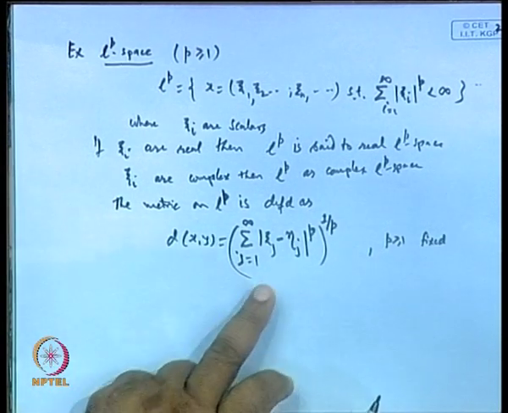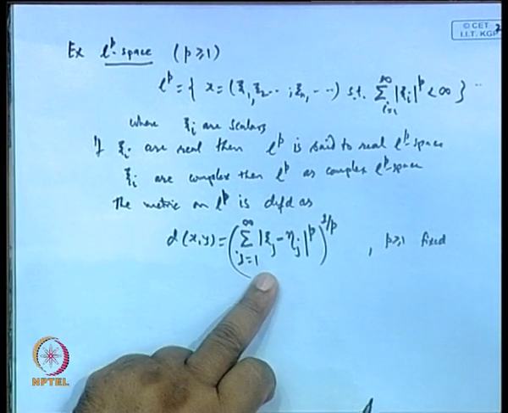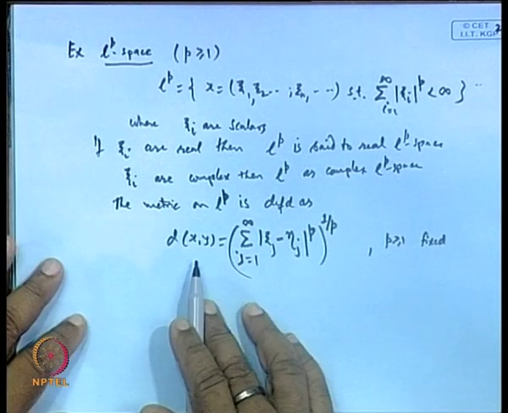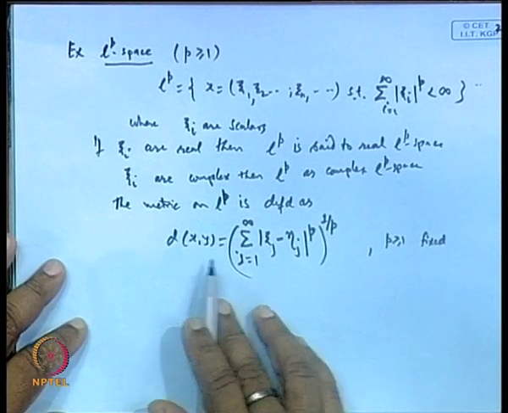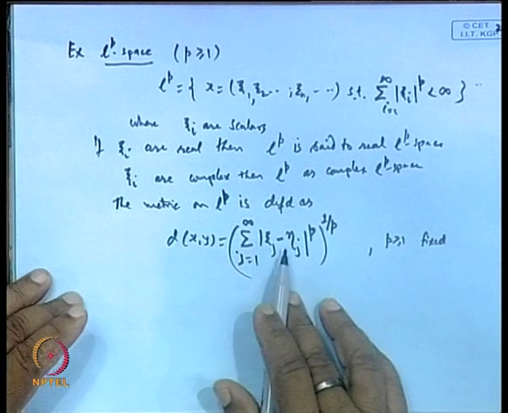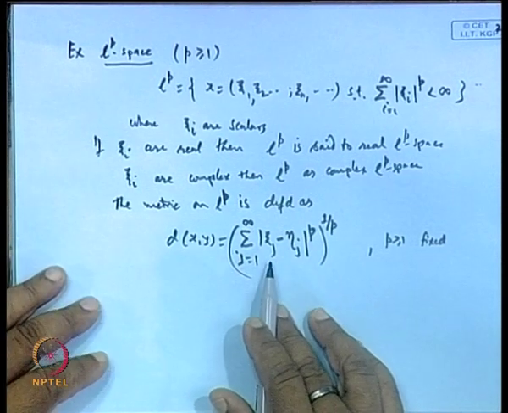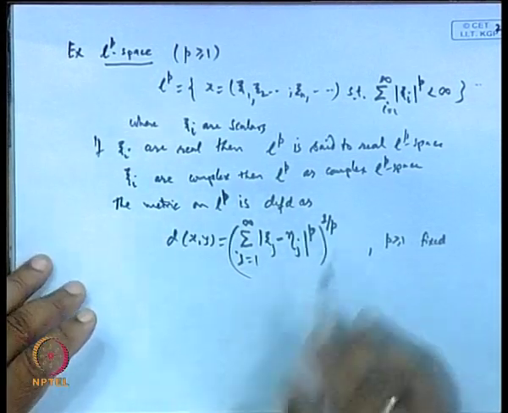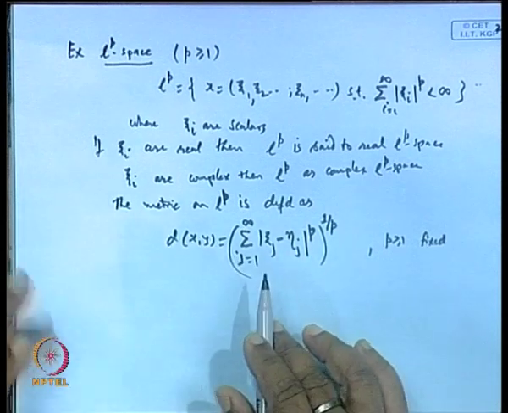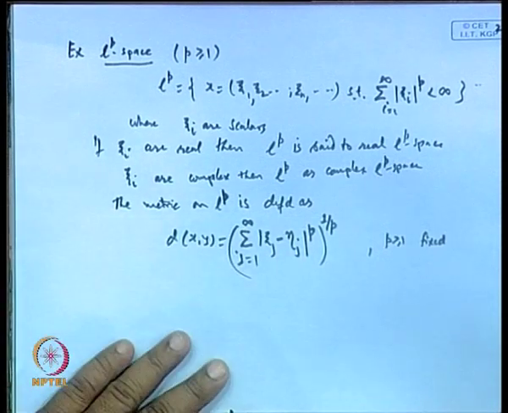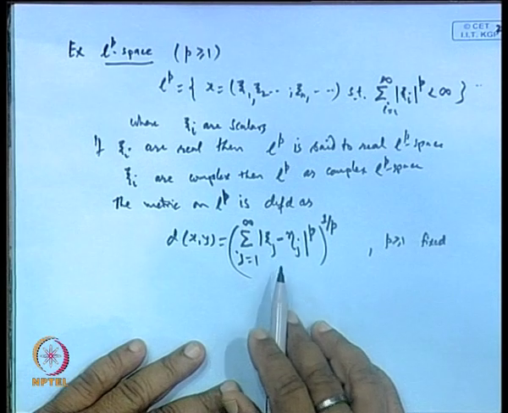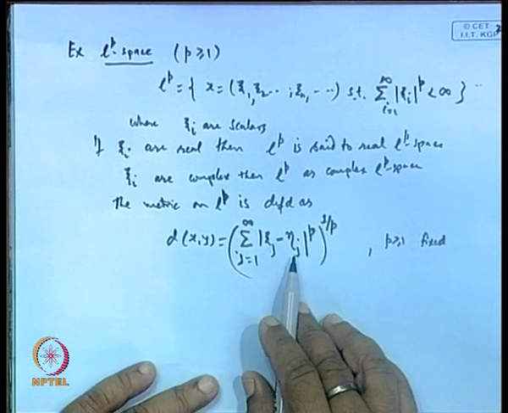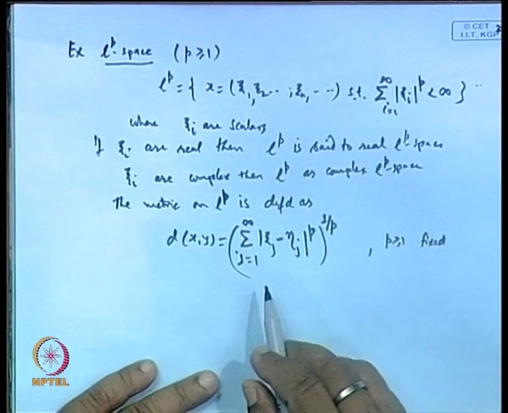So, if we look at this metric, the first three conditions follow immediately. d is greater than or equal to 0, obviously, because the modulus is there, it is real valued. Finiteness will be tested; unless it is convergent, we cannot say this is finite. The finiteness part will be taken care of by the Minkowski inequality.